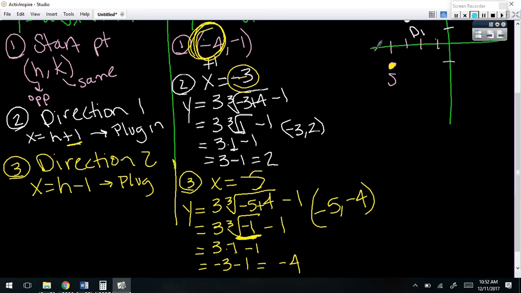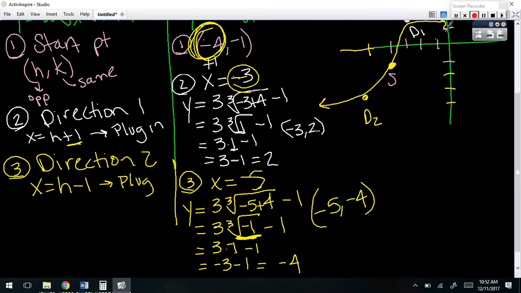Negative 3. So negative 5, 2, 3, 4... negative 4. So this is my second direction point. Ran out of room a little bit there. I apologize. Does that make sense?